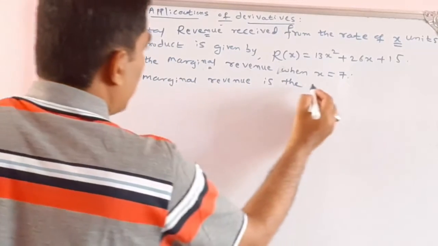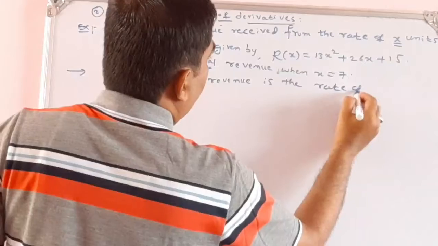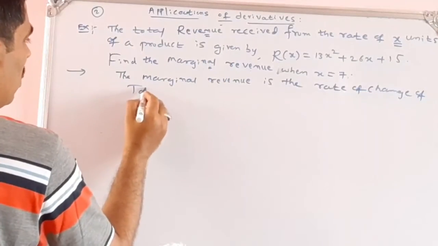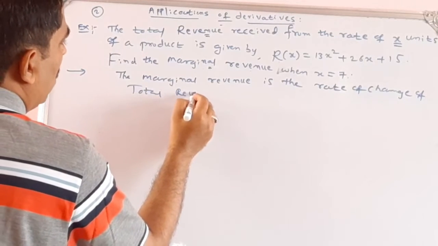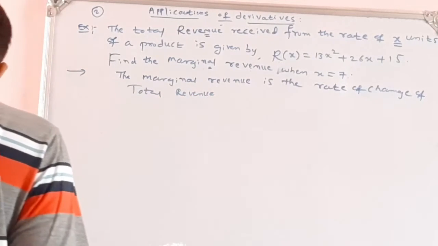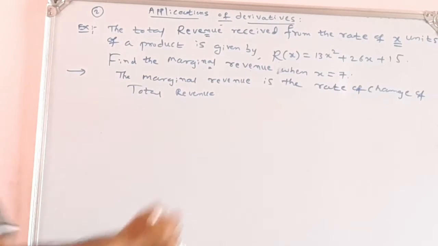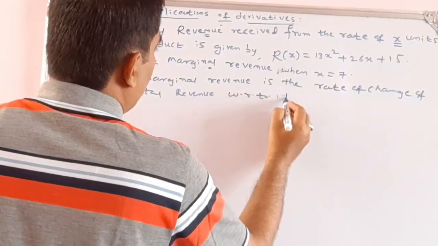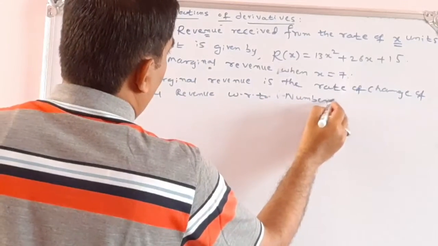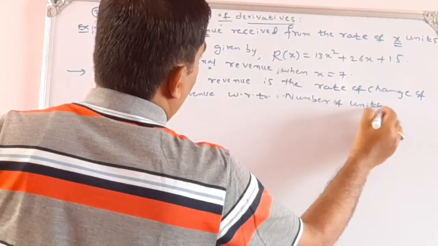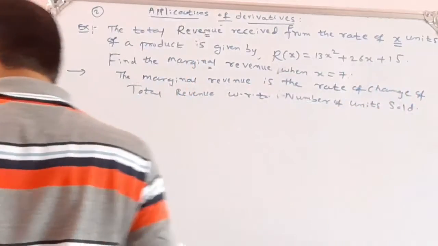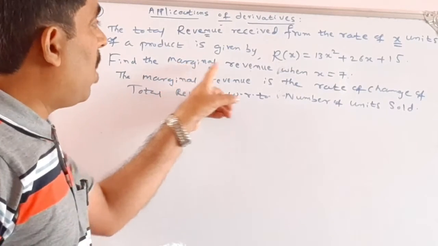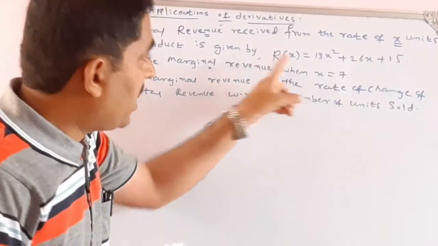Marginal revenue is nothing but the rate of change of total revenue with respect to number of units sold. See, we have to find marginal revenue at x is equal to 7.